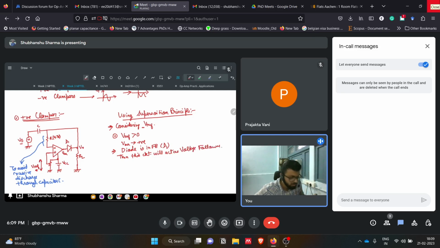So what does a voltage follower do? Whatever the input voltage is, it simply reflects at the output. So we will get V naught equals Vref when we have Vref greater than 0. Okay, this is one condition.